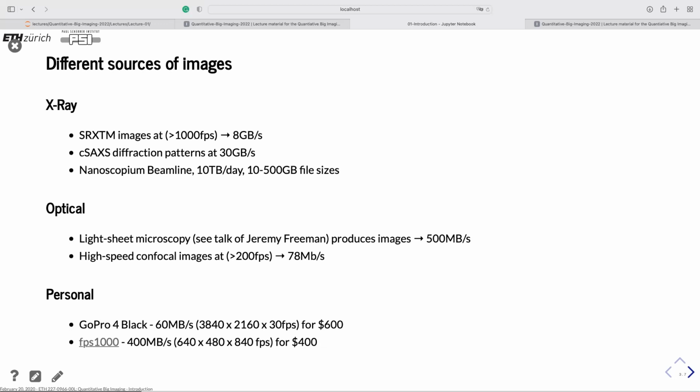And if you go to personal devices, a GoPro produces 60 megabytes per second. That is almost 4K by 2K, 30 frames per second. And that's a pretty cheap device, and it still can produce high amounts of data.